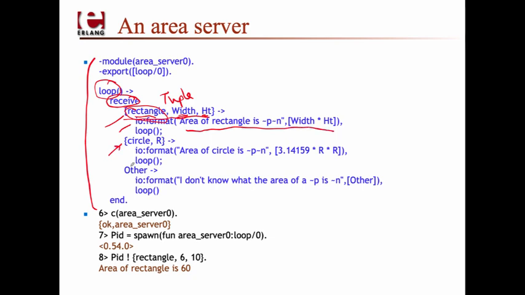And the other one is this. If it receives anything else, like an else, it will say, I don't know, because the variable matches everything. Here we spawn an area server with this function, and here we send it a message. So here we have actually created the server.